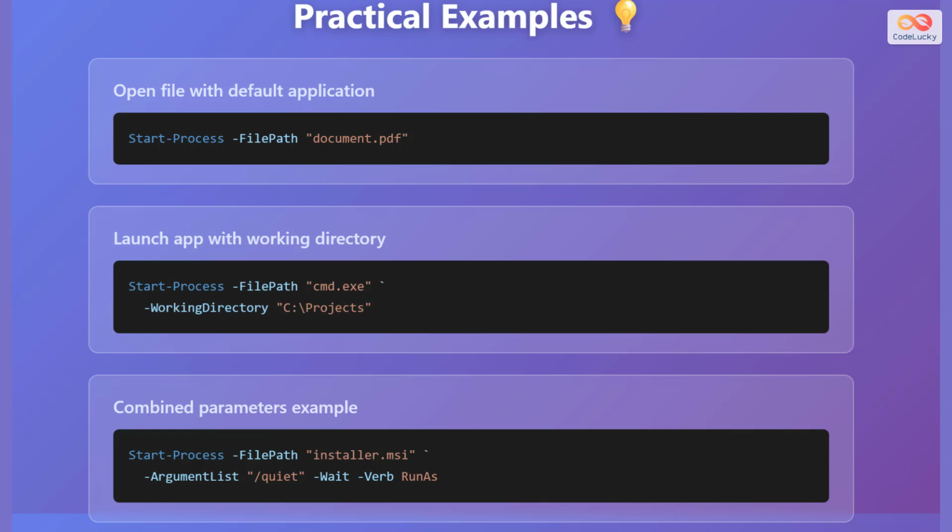You can combine multiple parameters for complex operations, like running an installer silently with administrator privileges while waiting for completion. Start-Process -FilePath "installer.msi" -ArgumentList "/quiet" -Wait -Verb RunAs. These examples demonstrate the versatility of Start-Process in real-world administration.